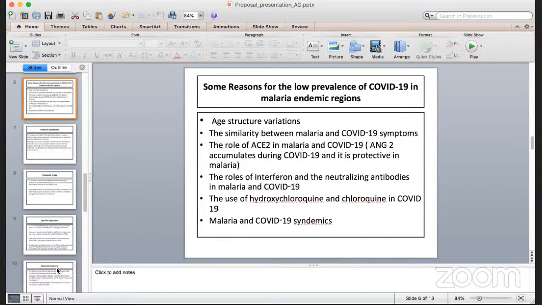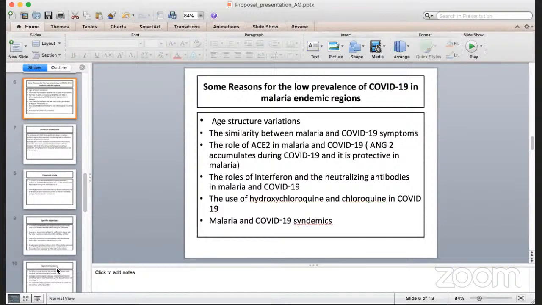And then the role of interferon and the neutralizing antibodies in malaria and COVID-19 has also been postulated to contribute to the low prevalence. And the use of hydroxychloroquine and chloroquine in COVID-19, there's a lot of controversy around that, but this may also contribute to the low prevalence as we keep treating people with these drugs in sub-Saharan Africa or malaria endemic regions.